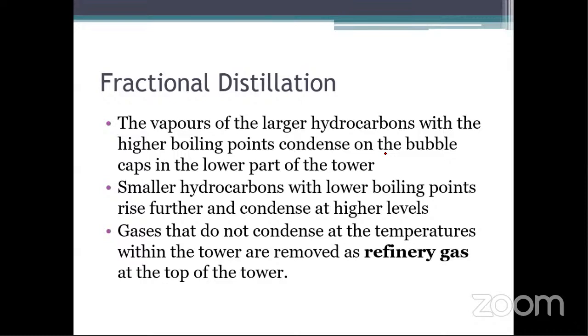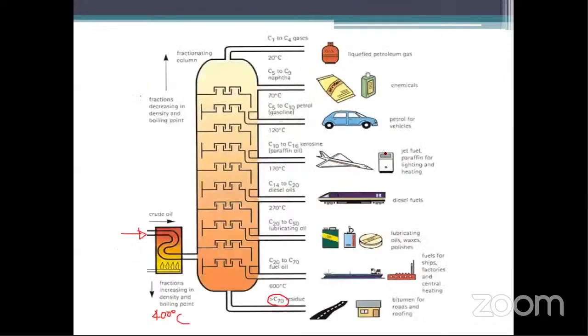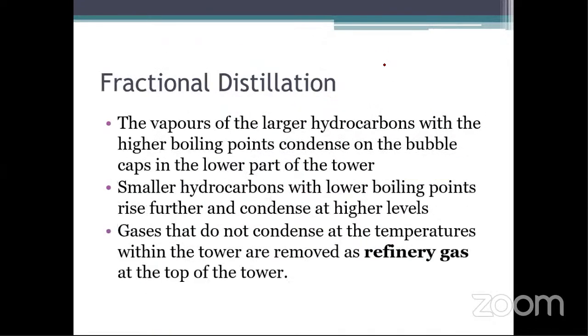The gases will not condense because their boiling points are way too low for the tower, and so they come off at the top of the tower, and we call that refinery gas, right? So the higher boiling points come off at the bottom, the lower boiling points come off at the top, and the gases that have too low boiling points come off as refinery gas.